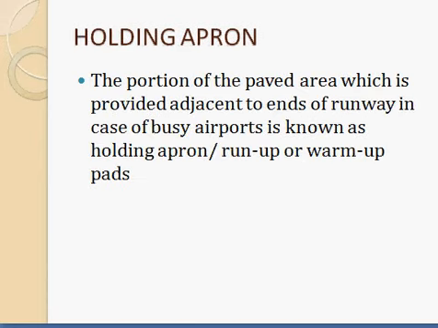Next is holding apron. So holding aprons are the aprons that are provided adjacent to the runway. It is the paved area which is provided adjacent to the ends of the runway in the case of busy airports. It is also known as run-up or warm-up pads. It is used for parking the aircraft for a short period of time just before the takeoff.